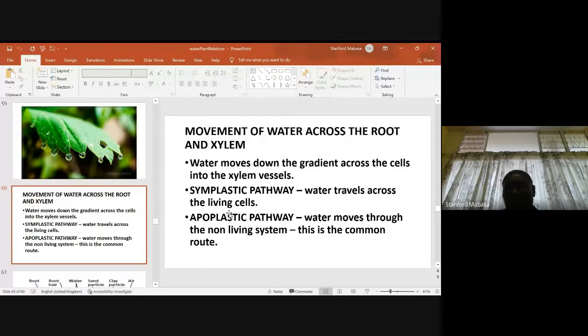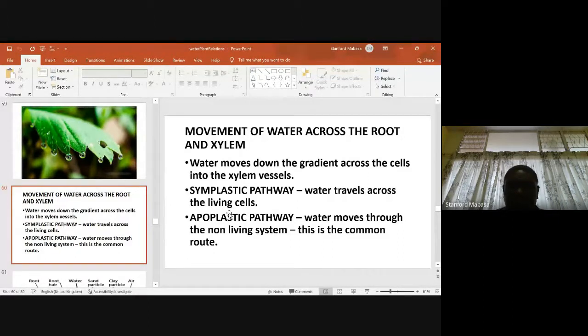So there should be high water potential somewhere and low water potential somewhere to create this movement. So there are two distinct pathways which are followed by water as it travels through the root from the soil.